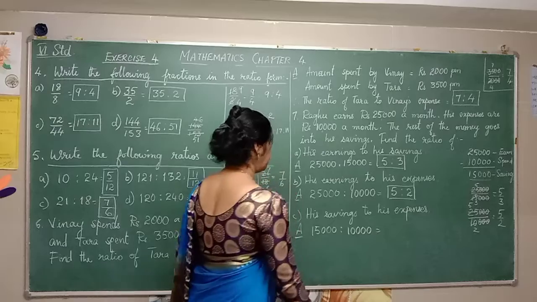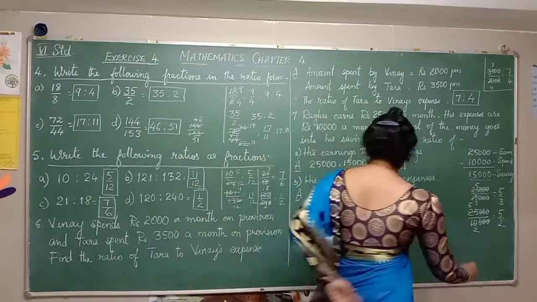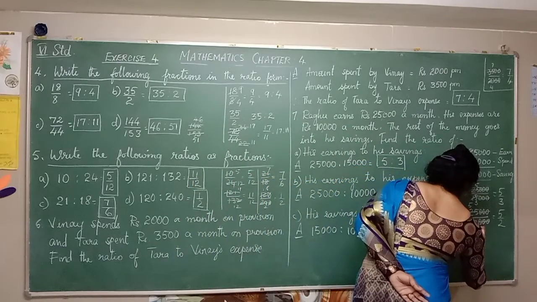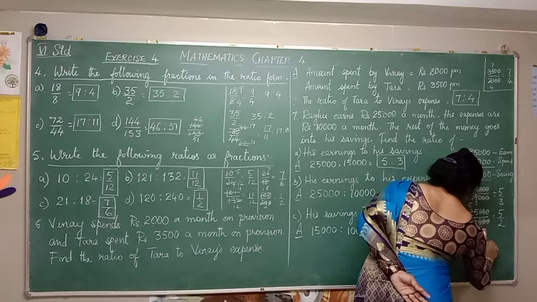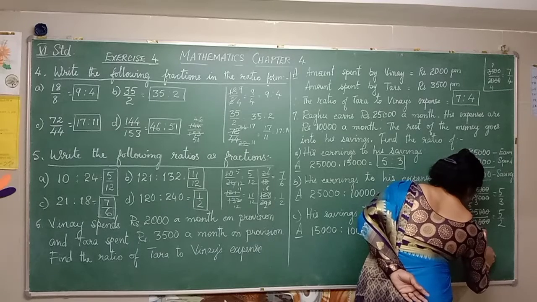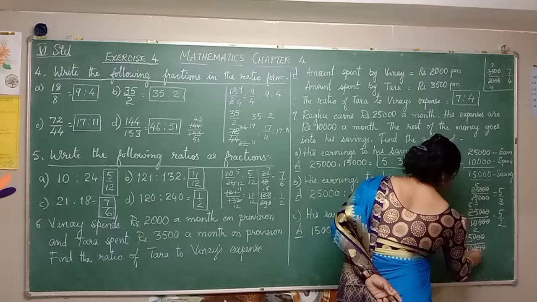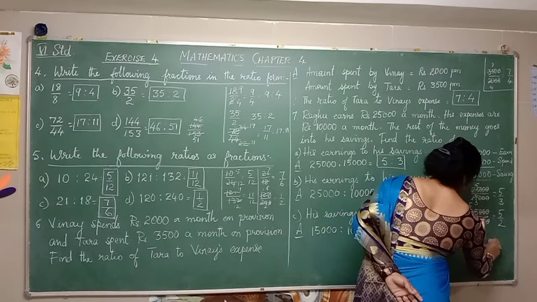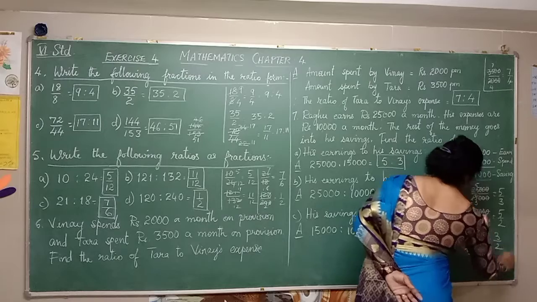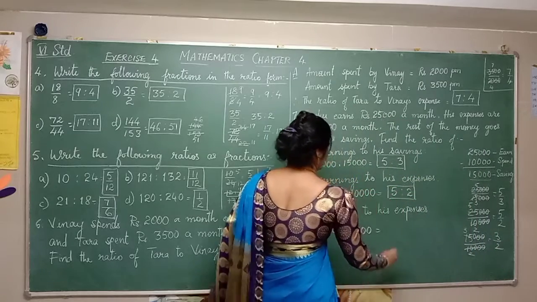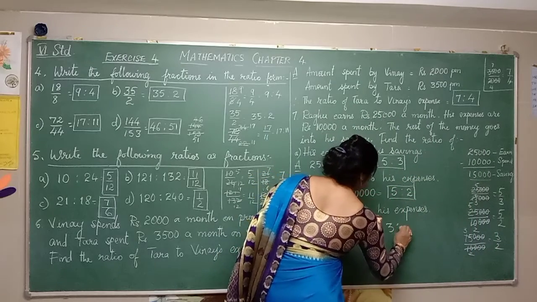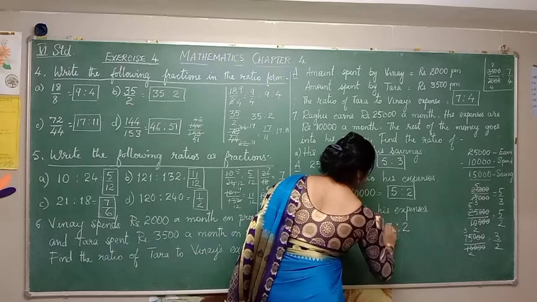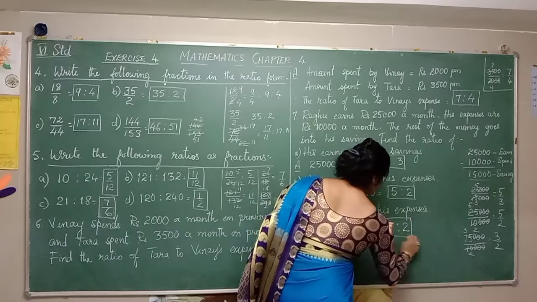So how to find out now? 15,000 divided by 10,000. 3 zeros gone. 5 2s are 10, 5 3s are 15. So you get answer 3 by 2. So in ratio, 3:2. This is the answer.